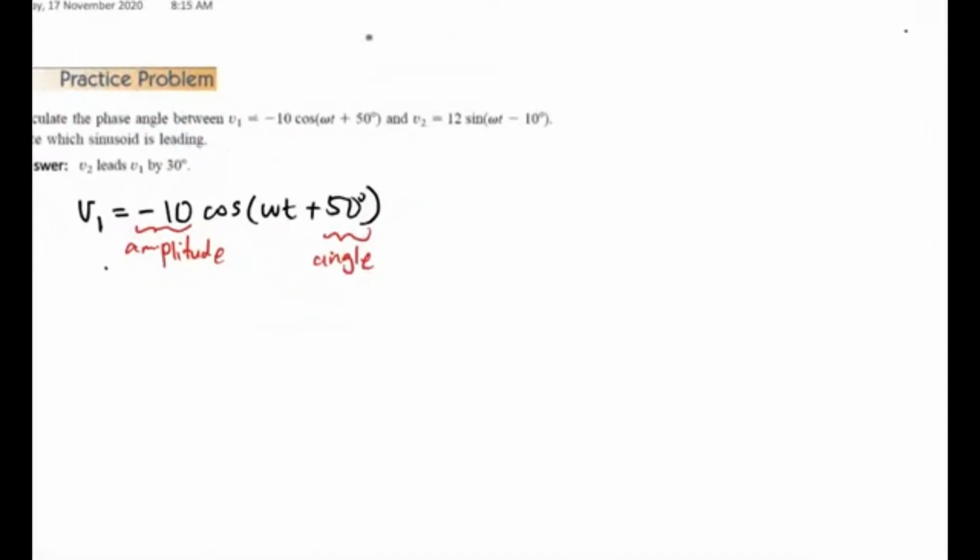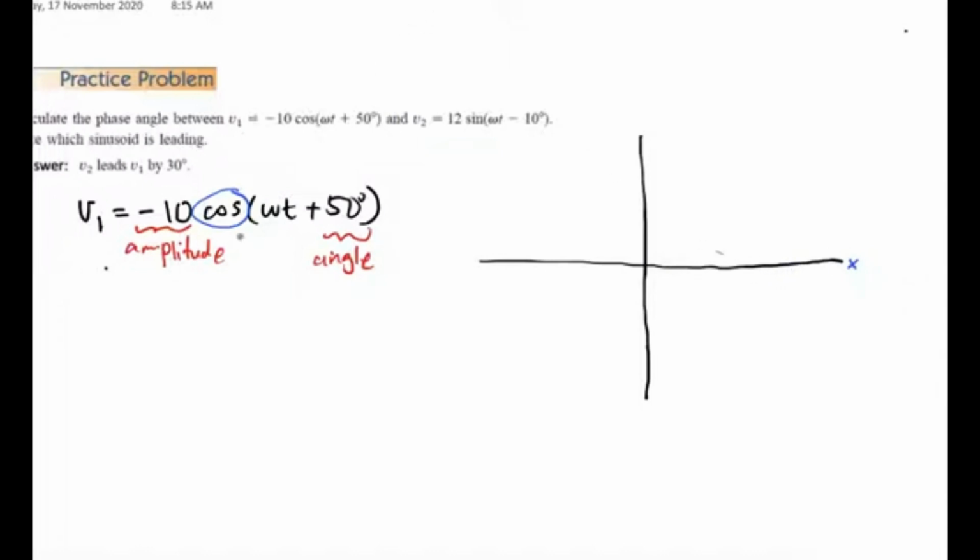So if you have V1 and you want to represent it in a phasor representation, what you do is you draw these four quadrants first and then determine what is the type of sinusoidal waveform. In this problem, it is a cosine, and when you have cosine, this axis here is going to be your reference, your starting point.